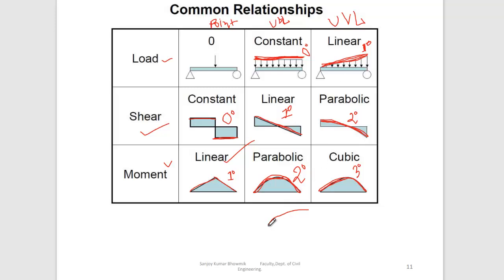Is it right or wrong? If you consider this is the starting point, this curve is increasing. How do you define whether a curve is increasing or decreasing? If it goes upward, it's increasing. Compare with the tangent, sir.